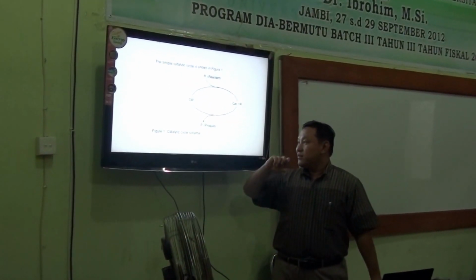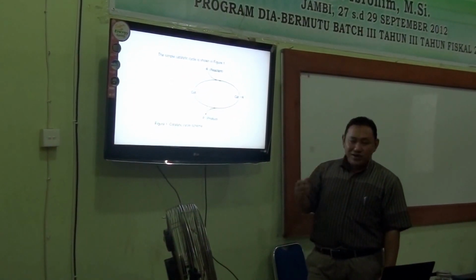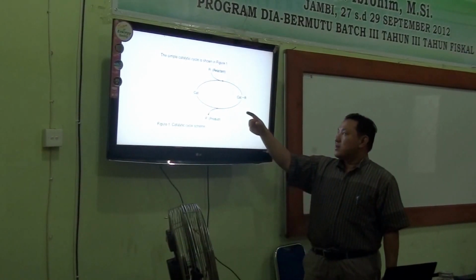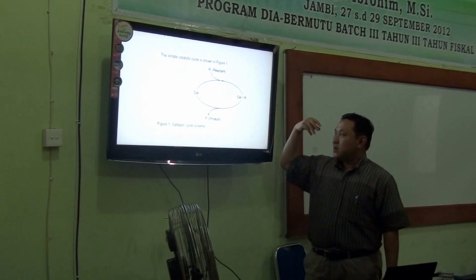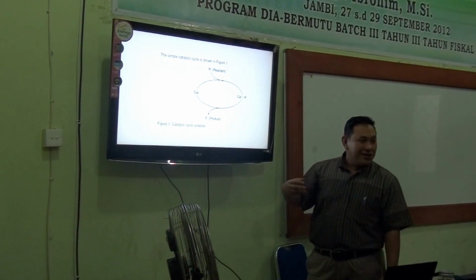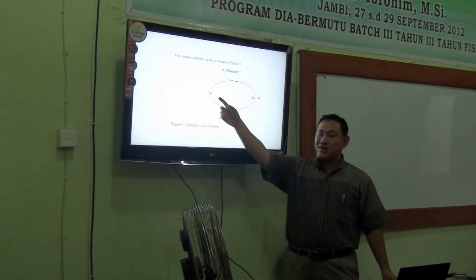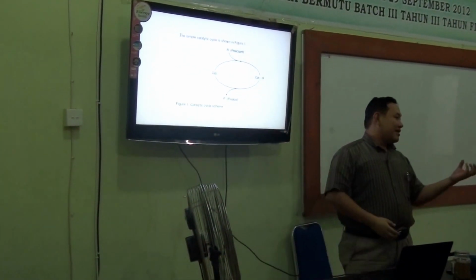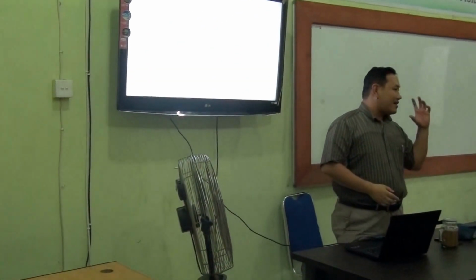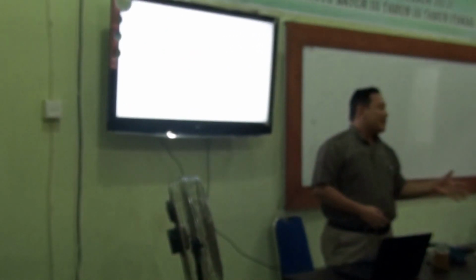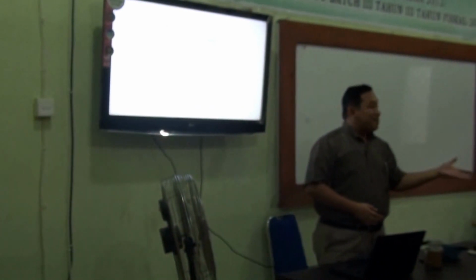So we can make a conclusion. The catalyst can be reused or not. It depends on the product and also the characterization of the catalyst. Sometimes the characterization of the catalyst is low, but it's still active.